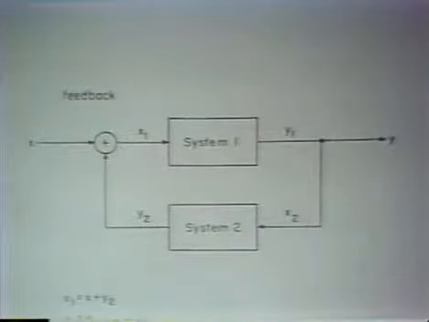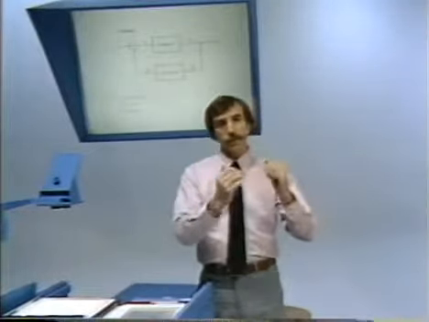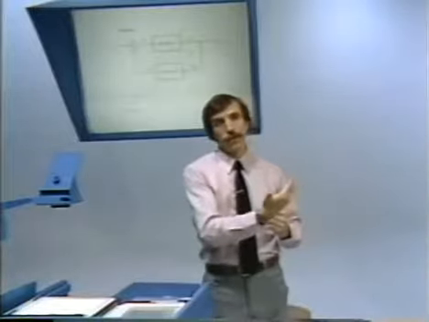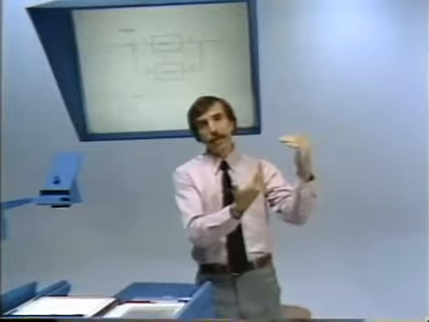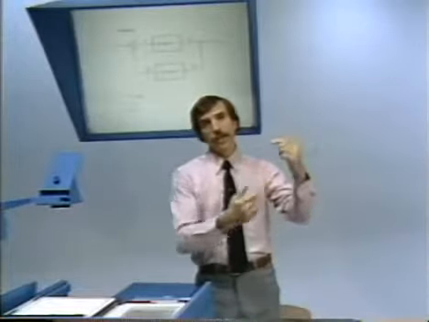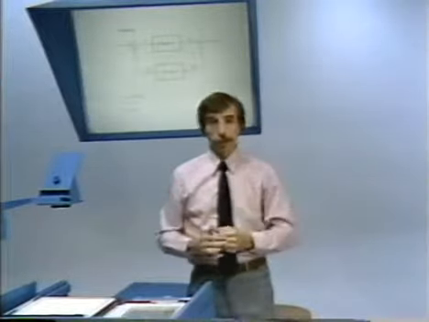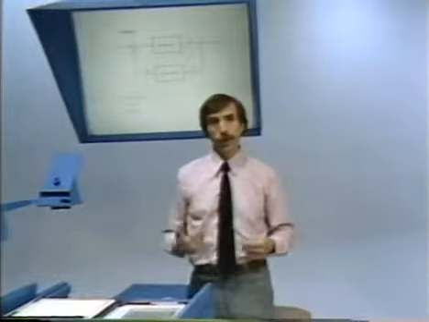So in essence, the output of System 1 is fed back through System 2, added to the overall input, and then that sum is what forms the input to System 1. And we'll see that there are lots of uses for feedback, and of course also lots of ways that feedback gets in the way.